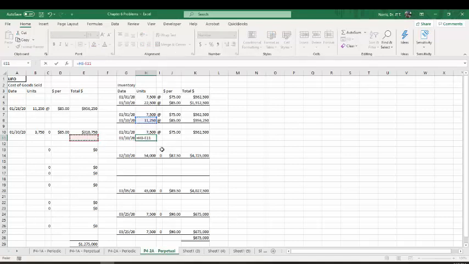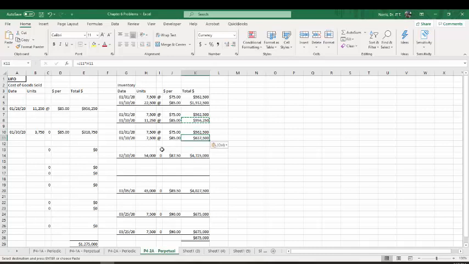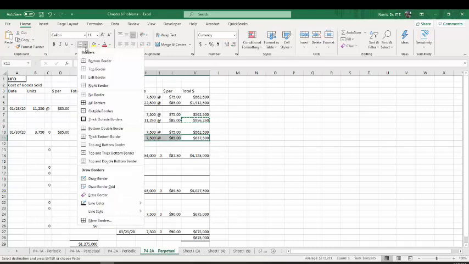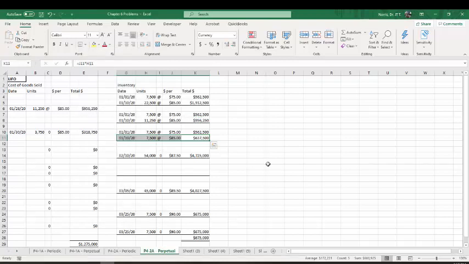We just sold 3,750, leaving us with 7,500. That cost us the $85 each. And that's what we have in ending inventory when we come to the next sale.